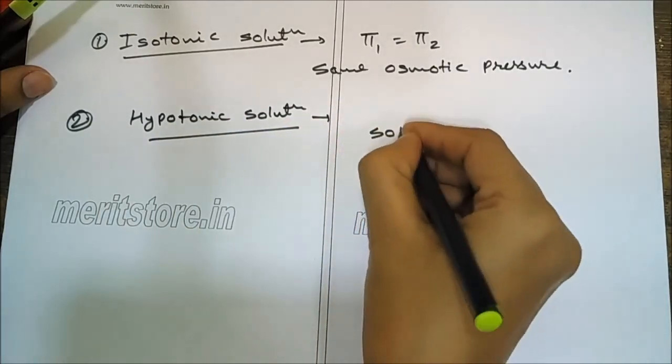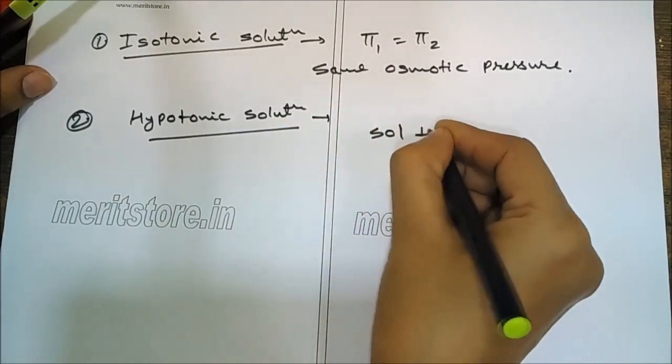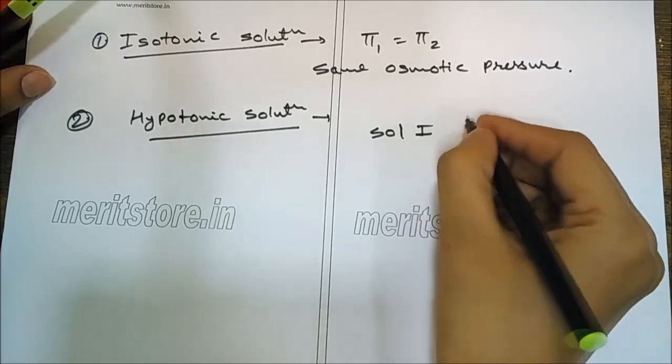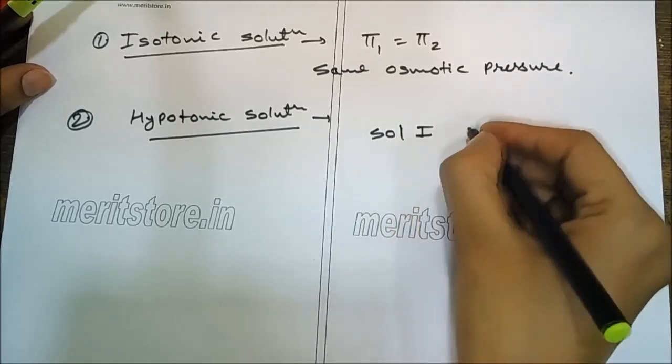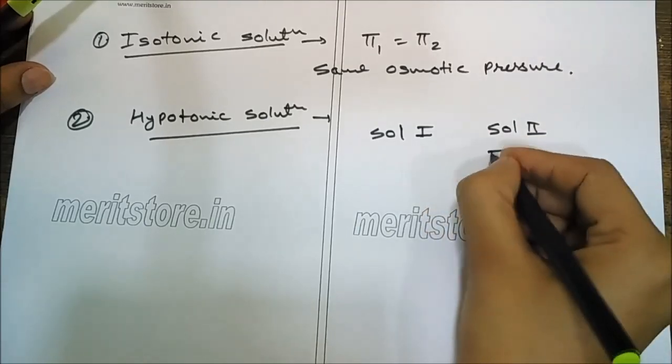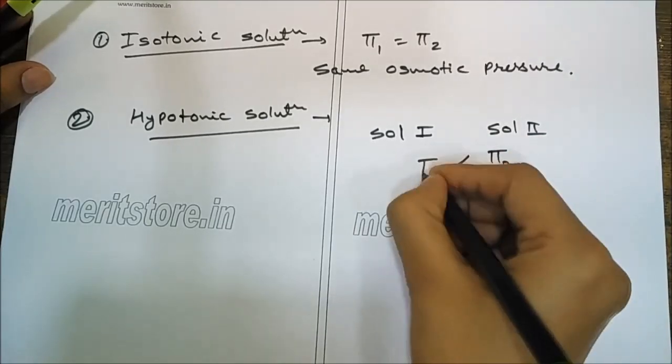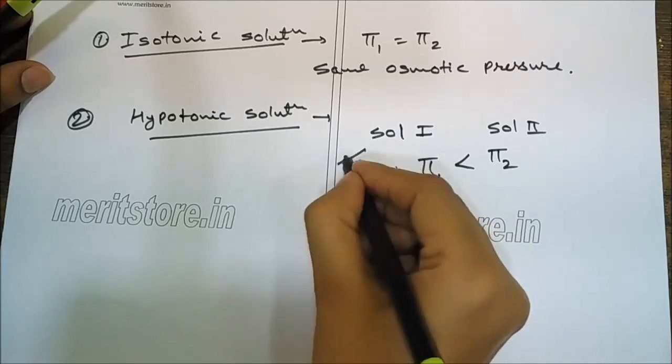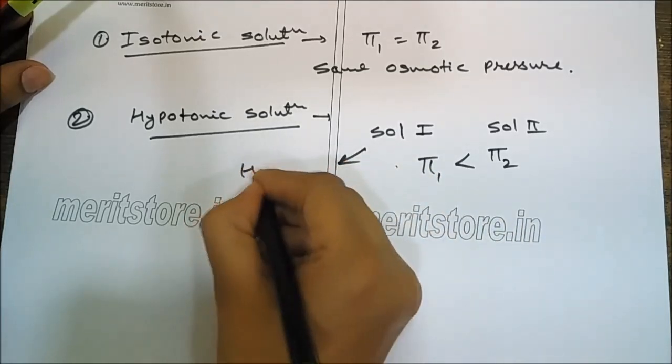If solution 1 has a low osmotic pressure and solution 2 has a high osmotic pressure, then solution 1 will be the hypotonic solution.